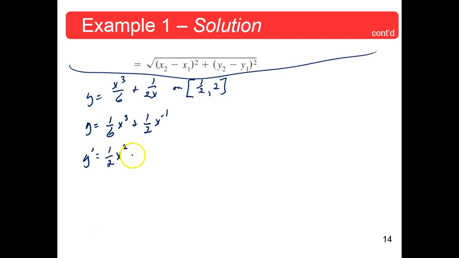Sending you back to Cal 1. Okay. Negative 1/2 x to the negative 2. Weird, huh? And what's the next thing you're going to do to that after you take a derivative? Square it. All right, let's square it. I can't wait. Okay. All right, so y prime squared is going to be, how do you do that?